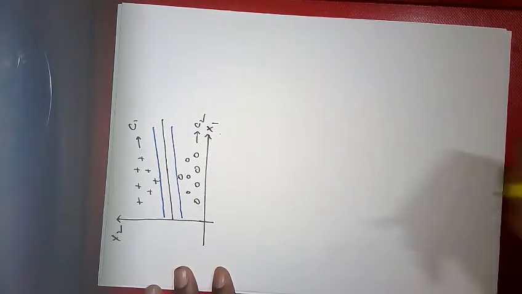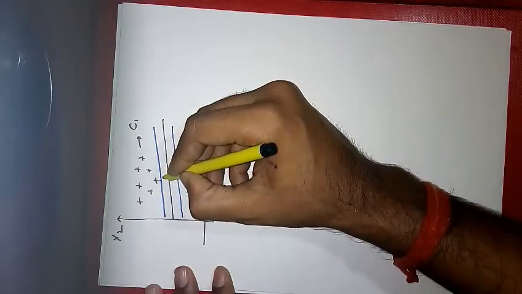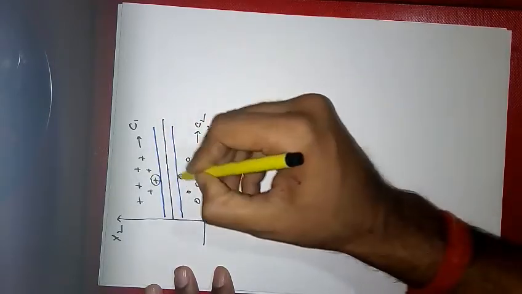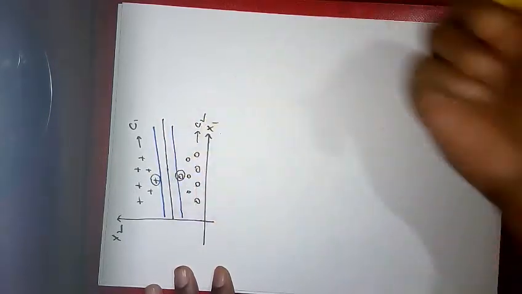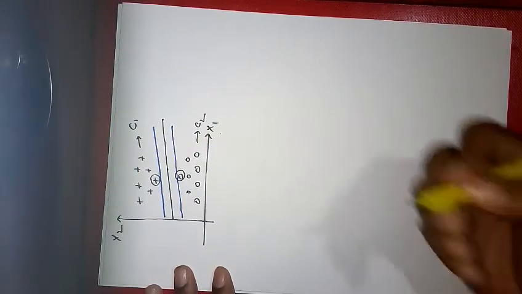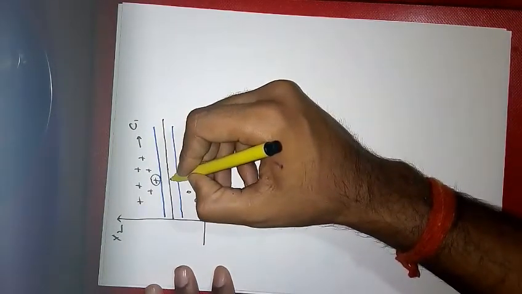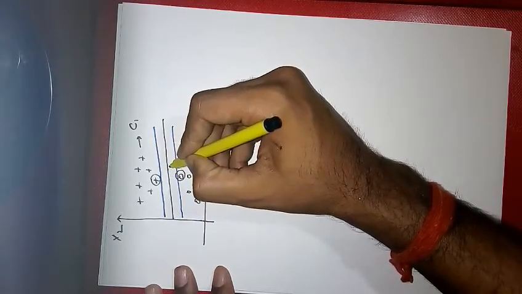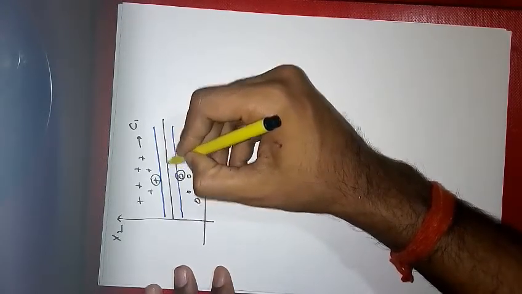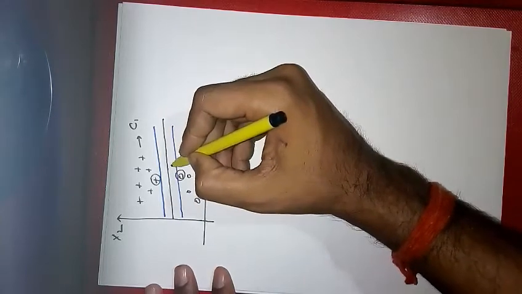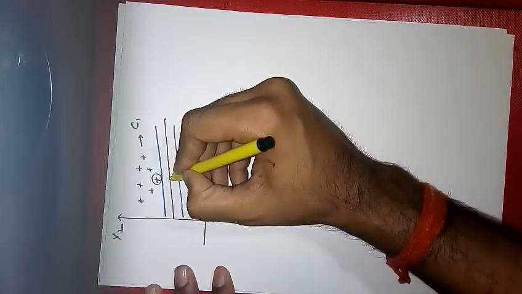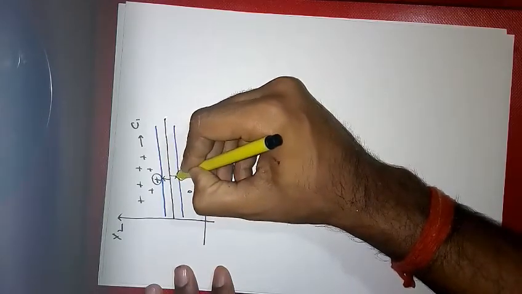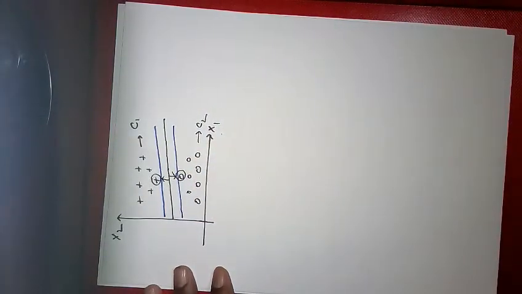Here the most closest feature vectors of the two different classes, and from this line, which will be the final line of separability, the distance from here to here and the distance from here to here would be the same.